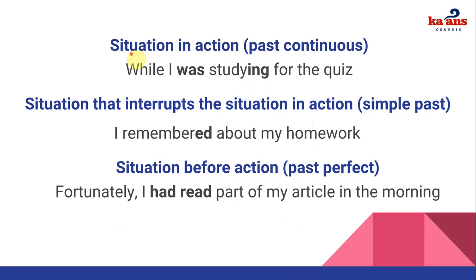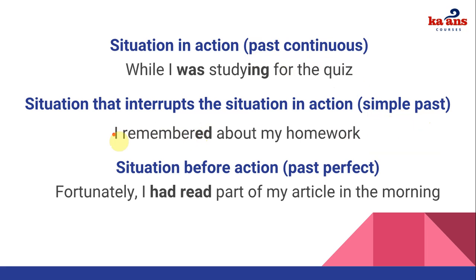The situation in action is while I was studying for the quiz. This is the situation that is going on. Then what interrupted this studying? I remembered about my homework. This thought interrupted your studying, and because it interrupts the action, we use the simple past.